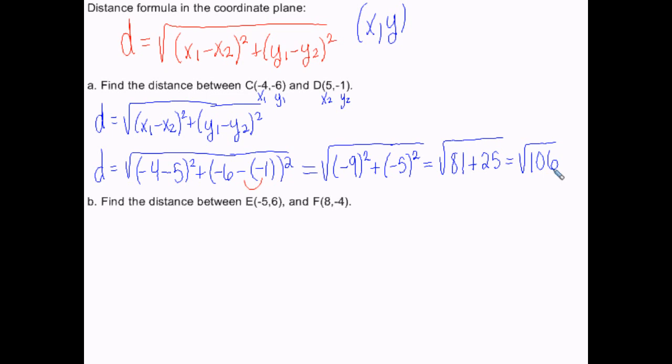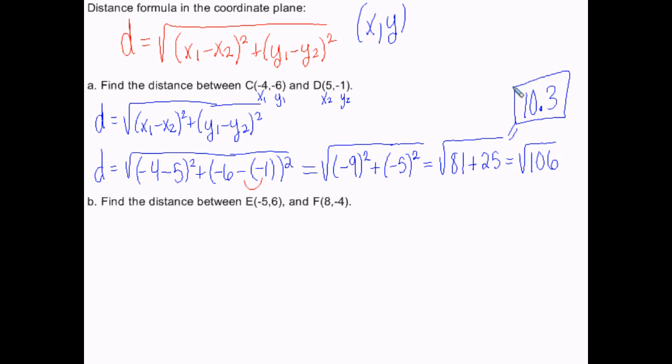So we'll just use 2 of them. I get 10.295. The 5 rounds the 9 up to a 10, which rounds the 2 up to a 3. So I'm just going to write it up here, 10.3. Okay, so once I take the square root, it's going to be 10.3 on the square root of 106.